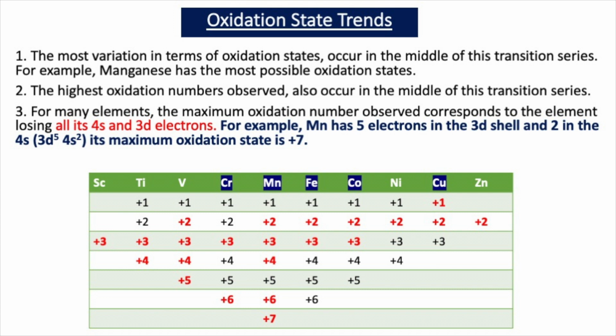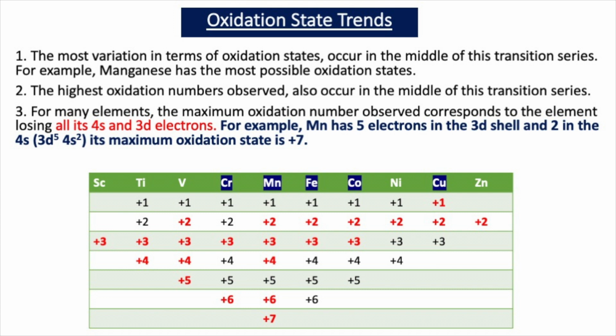Now, for many elements, the maximum oxidation number observed corresponds to the element losing all its 4s and 3d electrons. For example, manganese has 5 electrons in the 3d shell, and it has 2 electrons in the 4s shell.